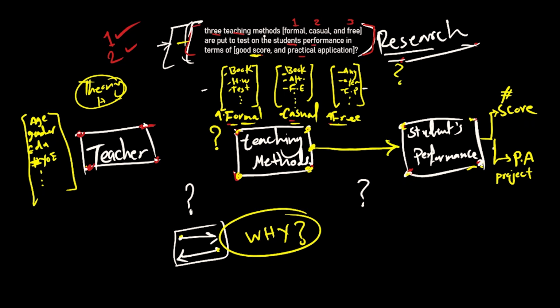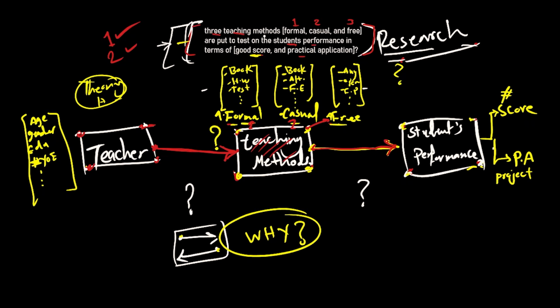And it's logical to say as well that this teaching method is delivered by a teacher. So the teacher is delivering any of those possible three methods, and the application of any of these three methods in the box of teaching methods, it has an impact on the student performance.